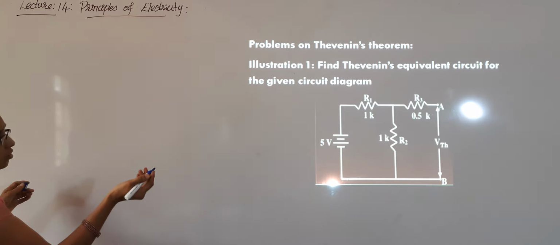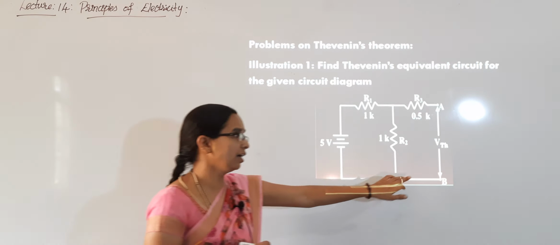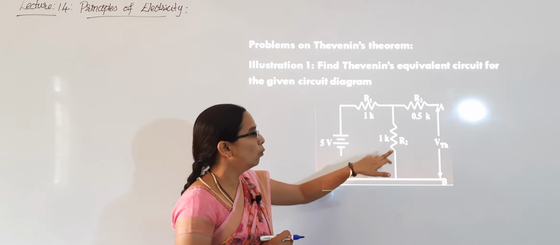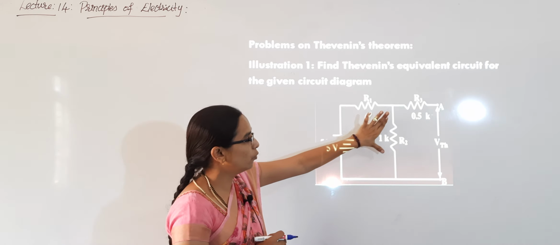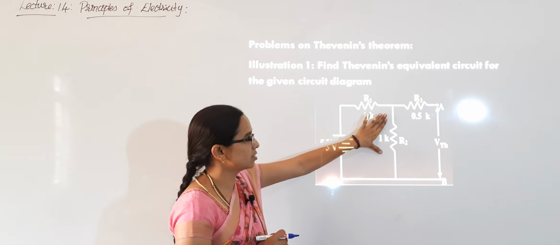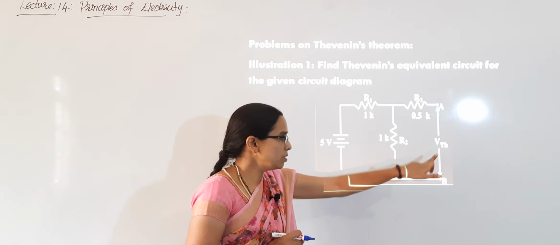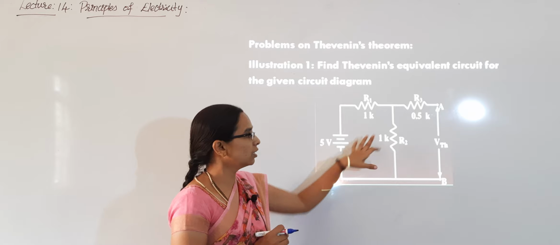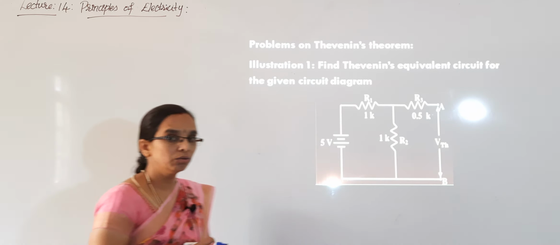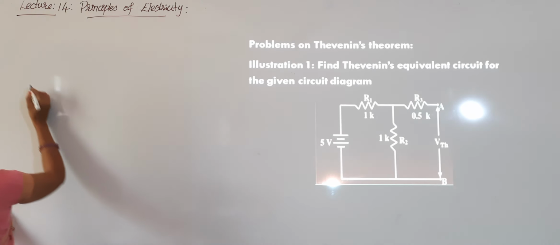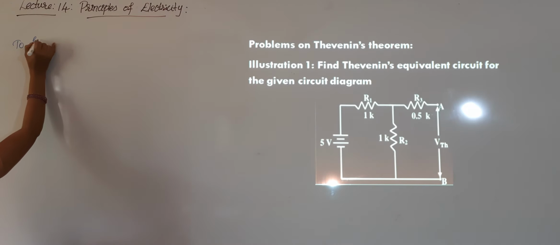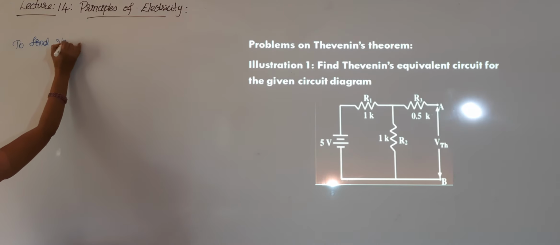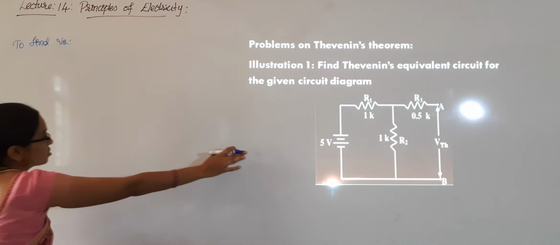In this circuit, they have already marked A and B. VTH will be the voltage across the R2 resistor. That means it is open circuited, no current flows through R3. So the voltage across R2 will be the Thevenin's voltage. So to find VTH, the circuit is already here.